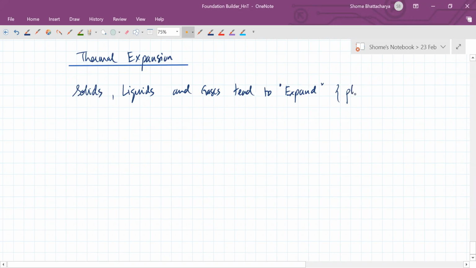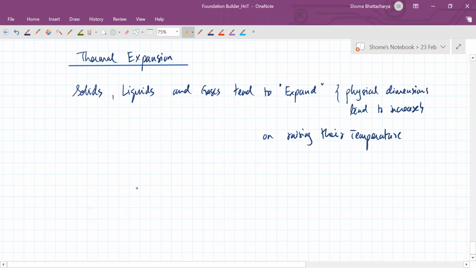That means their physical dimensions tend to increase on raising their temperature. And conversely, they tend to contract on decreasing the temperature.